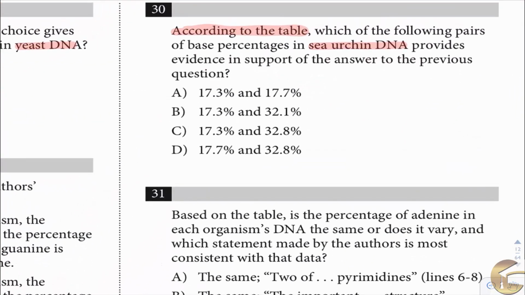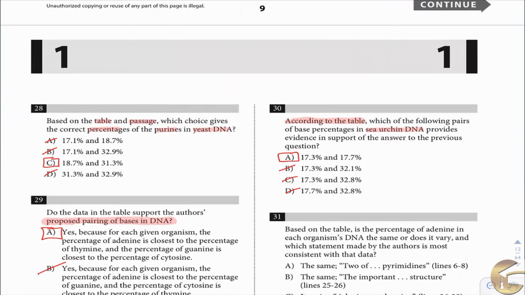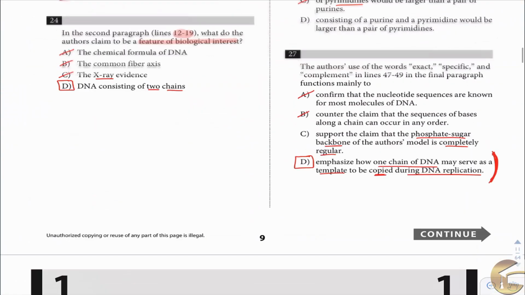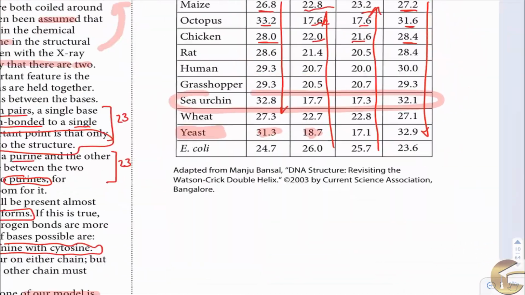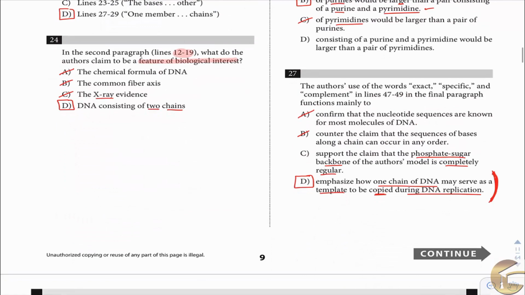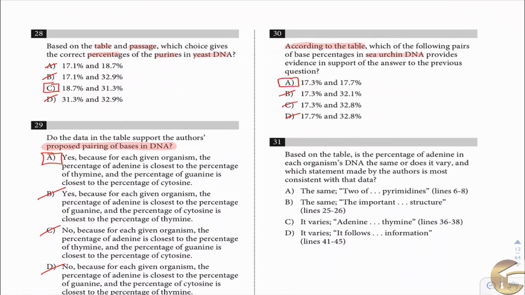So it's not going to be B or C, or D actually, so it's got to be the only two that are close together, which it had to be anyway, because we're not going to have two right answers there. So that's going to be answer choice A. Those two are the closest together, and we want to make sure those are the actual numbers used in the chart, which they are, 17.7 and 17.3. So that's going to be the answer for number 30.